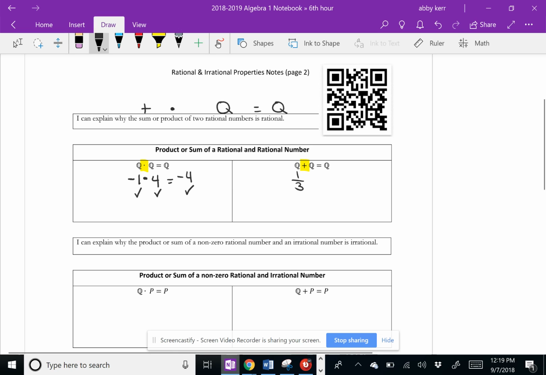Also, if you make it a decimal, it's 0.3 repeating, and repeating decimals are rational. Plus, let's just keep it simple, 2/3. So this is rational plus another rational. And if you put that in your mind or in your calculator, you're going to get 3/3, which simplifies to 1, which is also a rational number.